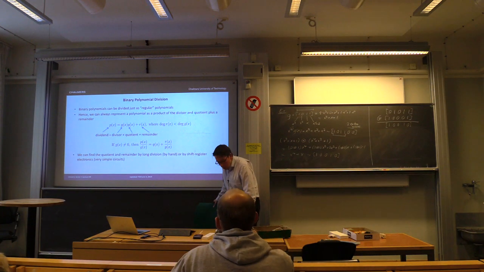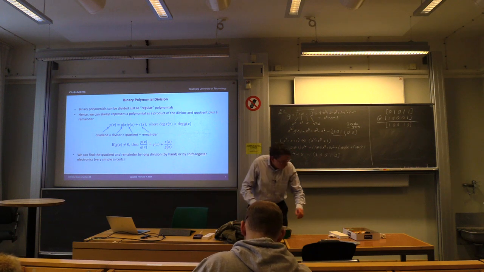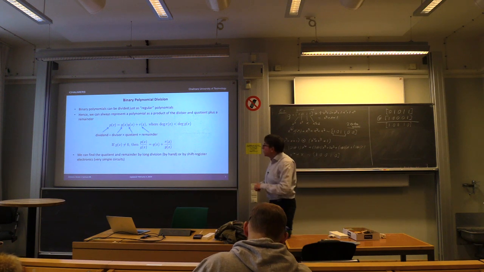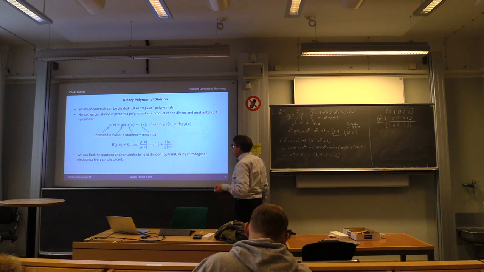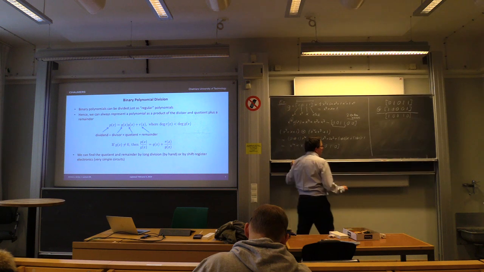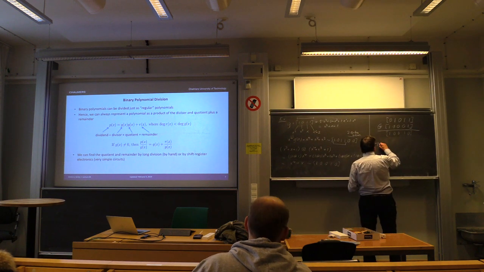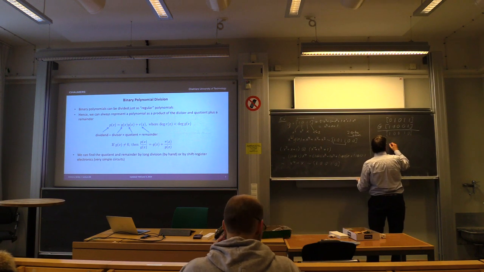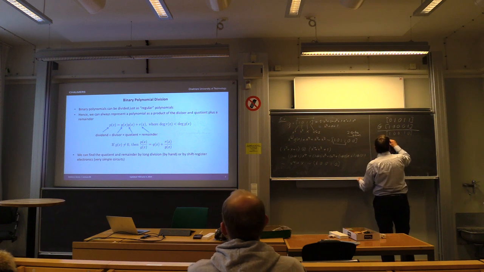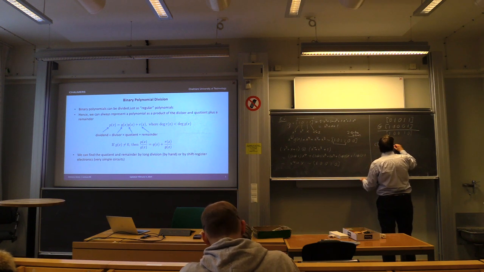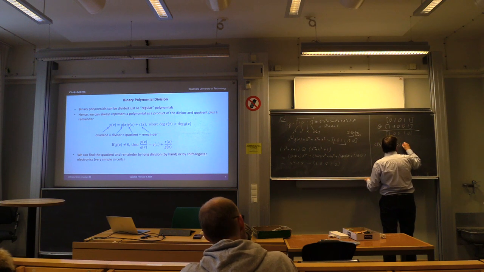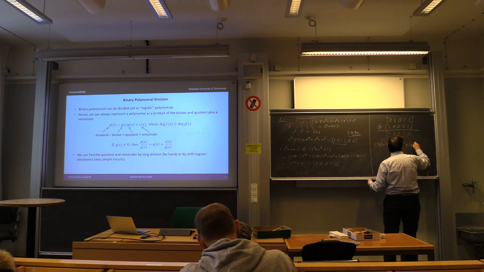Okay. So the code word is then x^(n-k) I(x) plus r(x), like this.